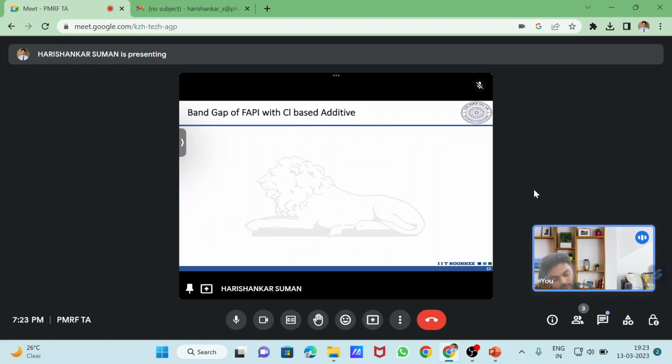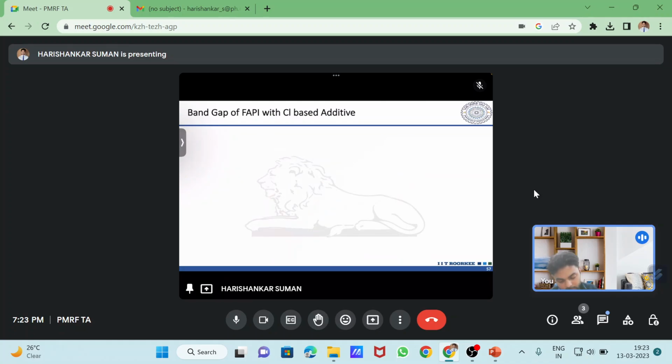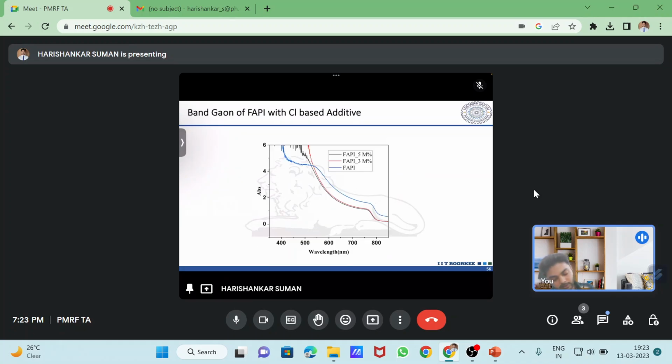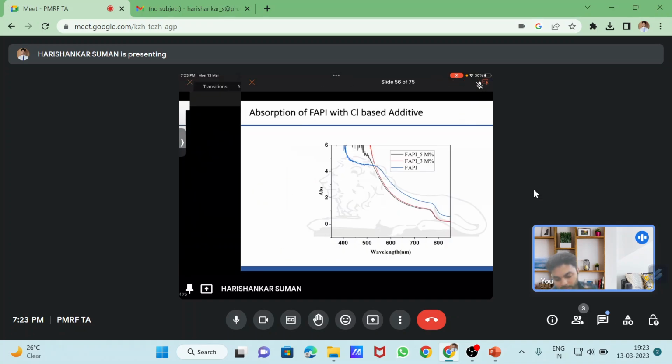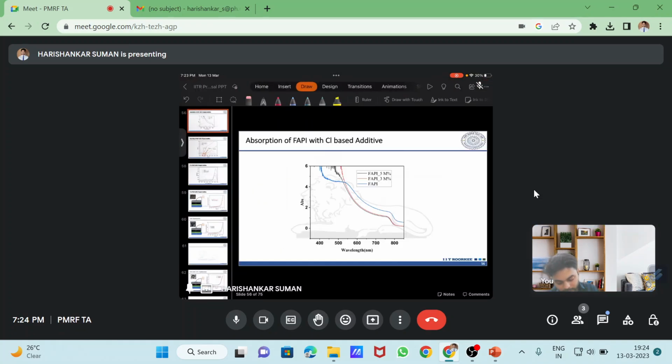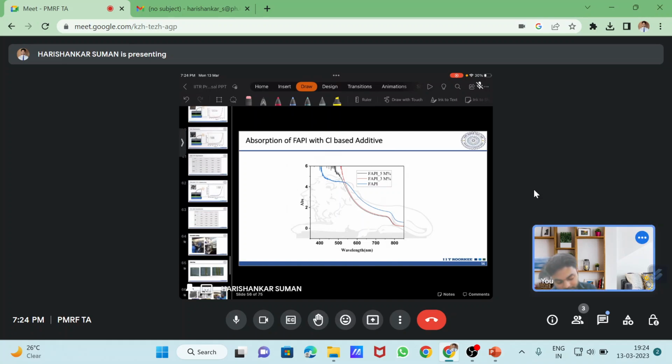And this is the absorbance curve, band gap, of the formamidinium lead iodide perovskite. So the perovskite is like that.